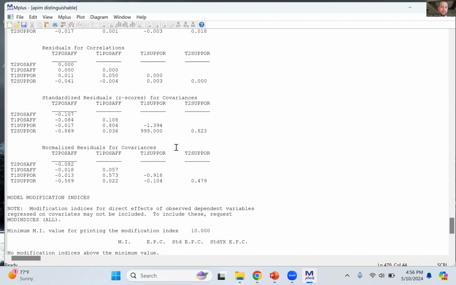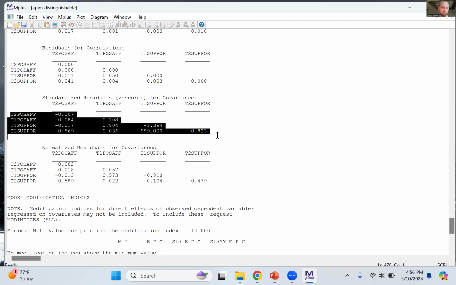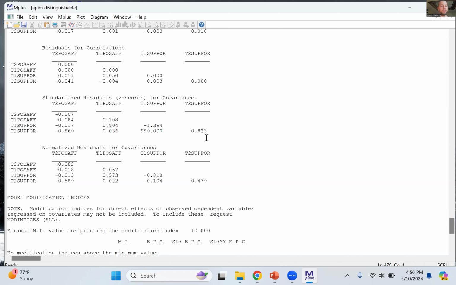I tend to only really get concerned when there are standardized residuals that stick out like a sore thumb. So if I have a bunch of ones, a few twos, and I have a 7, that tells me that there's a problem or a misspecification within my model. But here we are in the all clear. Nothing really sticks out. Nothing is statistically significant.